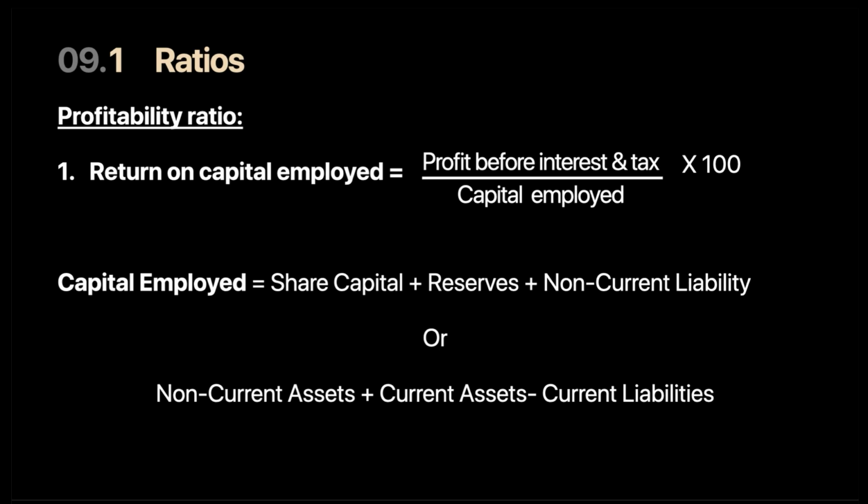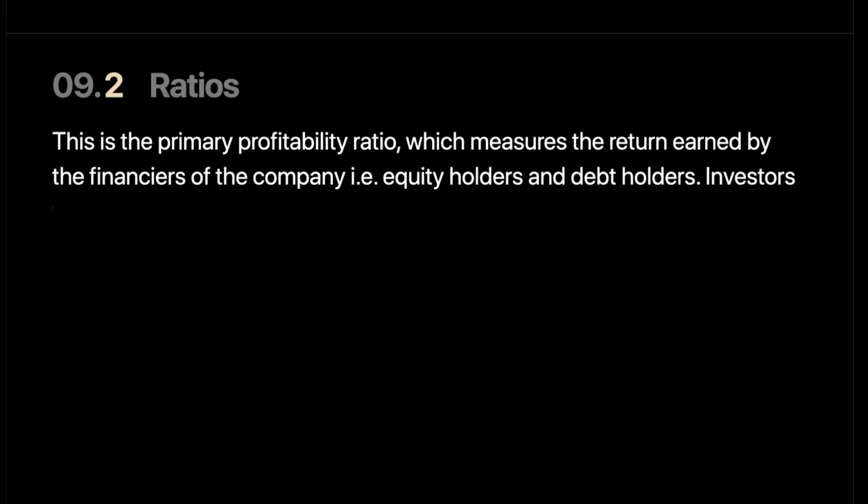You can also calculate capital employed like this: you can add up all your non-current assets and current assets, and subtract your current liabilities. That's the other side of the equation. All right, so operating profit divided by capital employed. We define return on capital employed as the primary profitability ratio, which is essentially measuring the return that is being earned by the financiers of the company.